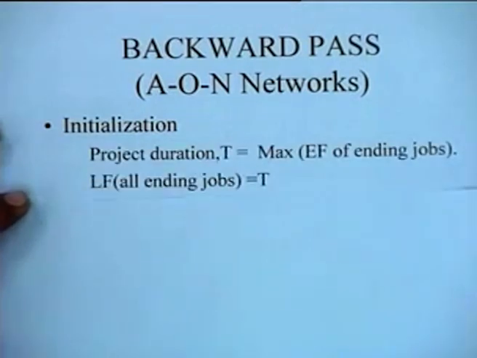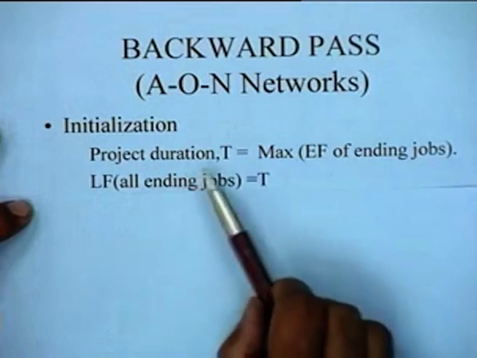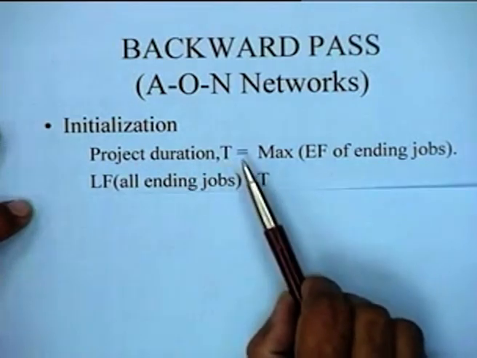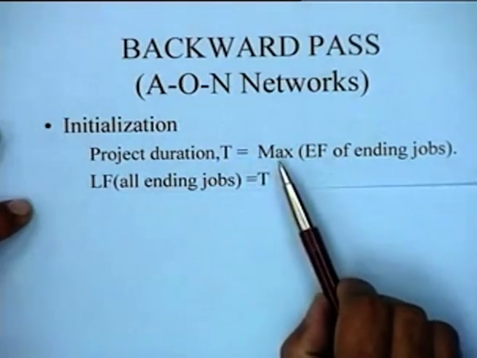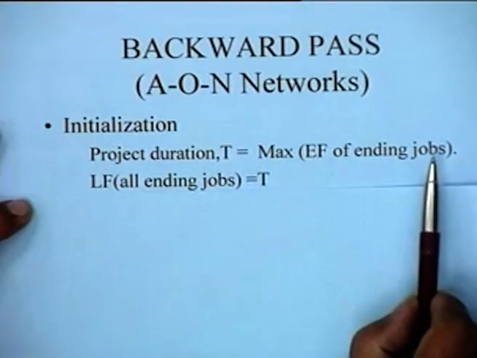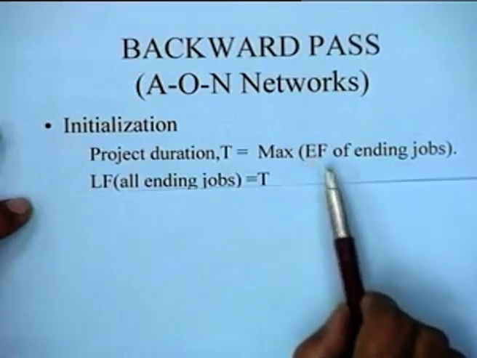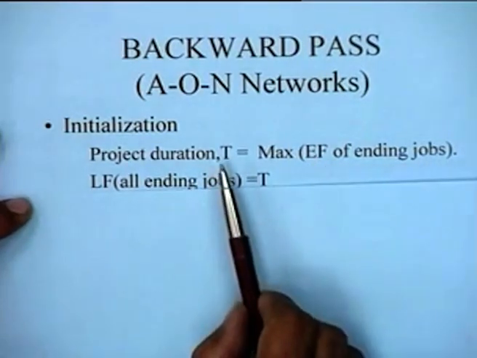In this initialization, what we simply do is that the project duration T is put equal to the maximum of the early finish of all ending jobs. So there could be multiple sinks in a network. One job could be ending at time 15, the other could be ending at 20, a third could be ending at 23. So whichever is the maximum of the early finish of all ending jobs will determine the project duration.